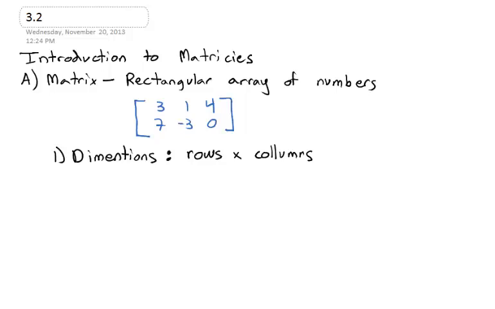So, for example, this blue matrix on the screen here has 1, 2 rows and 1, 2, 3 columns. And so we say that blue matrix is a 2 by 3 matrix, meaning it has 2 rows and 3 columns.